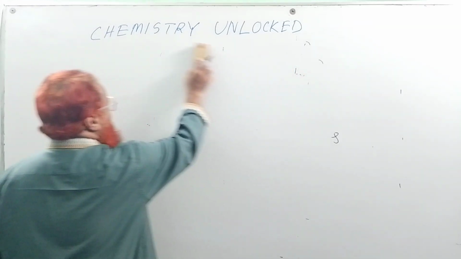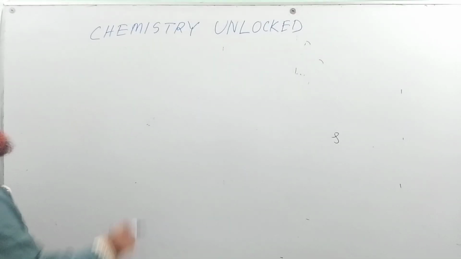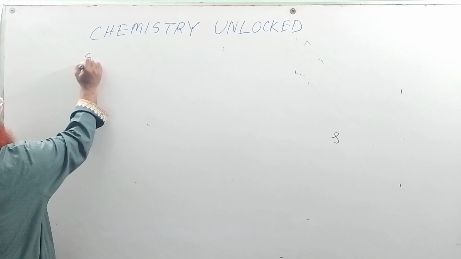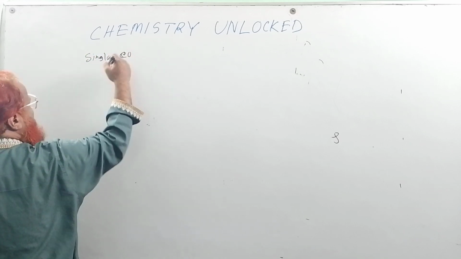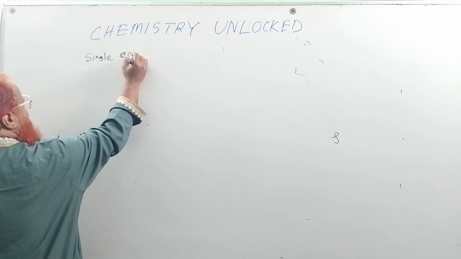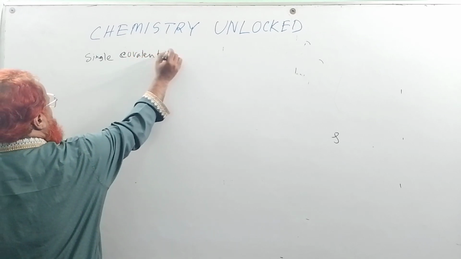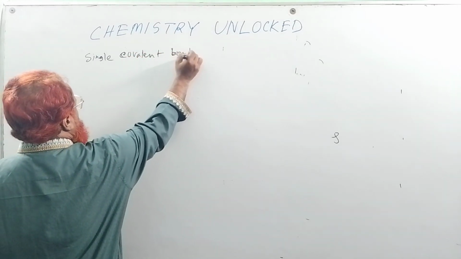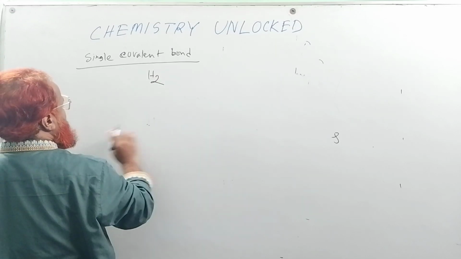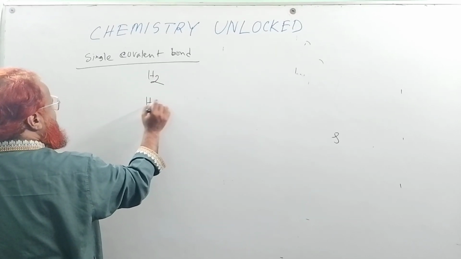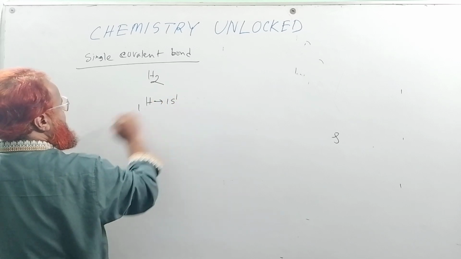Now look at an example. Different types of covalent bond, that is single covalent bond. H2 molecule. So hydrogen is 1s1.